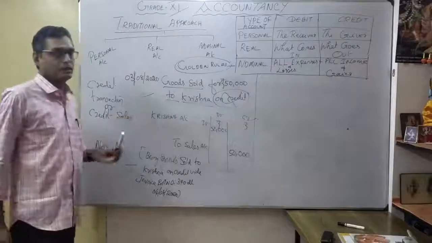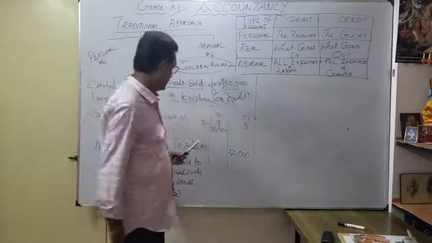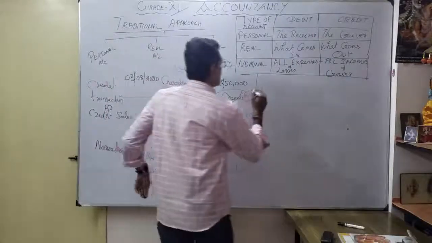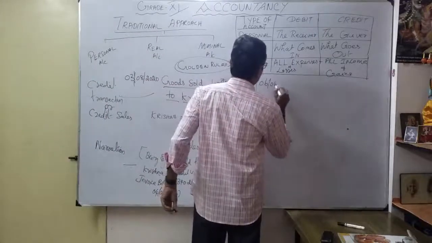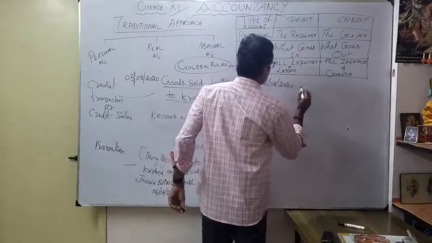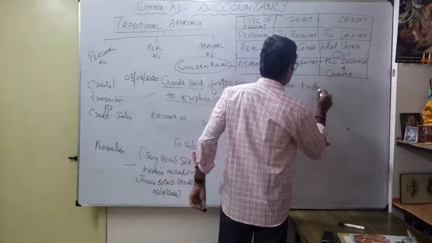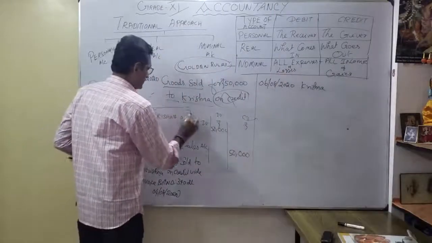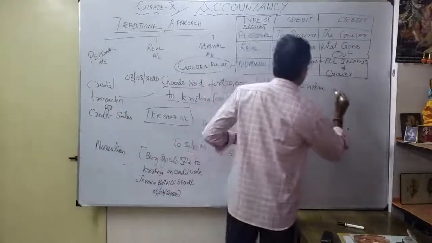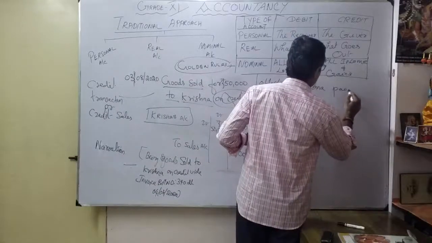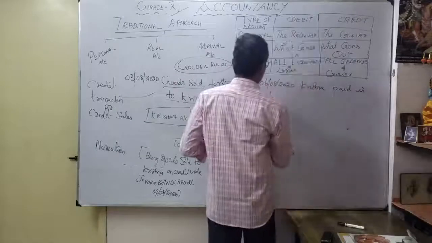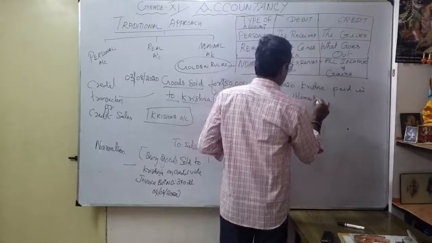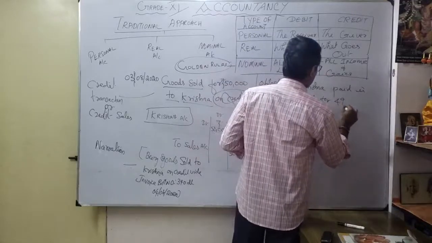So what happened? Later on, Krishna has to pay money. How much? 50,000. But what is the transaction? After that, on 6th August 2020, Krishna, our customer, paid in full settlement for 49,500.